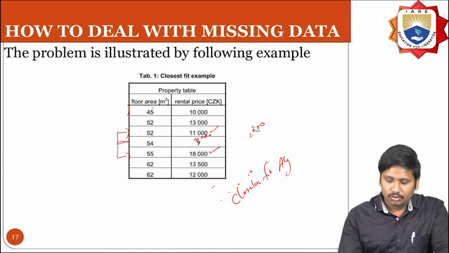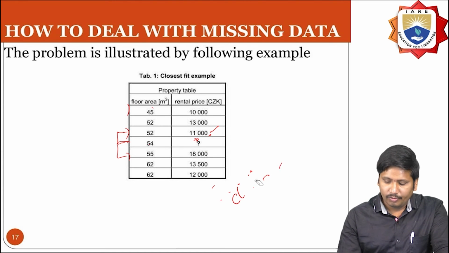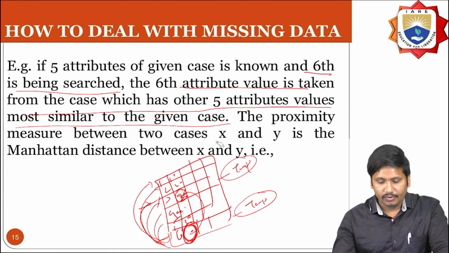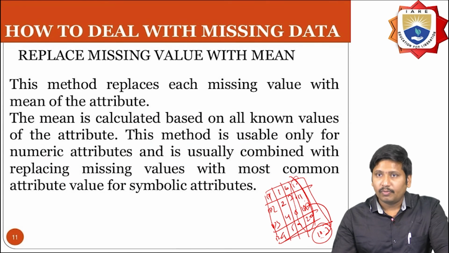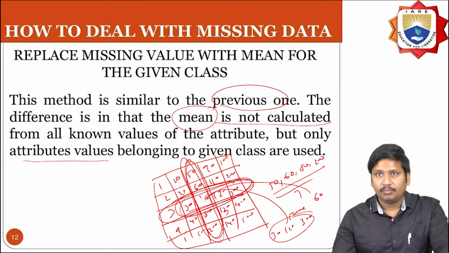So like this, the missing data I face should be filled using the examples I explained previously. One is filling the missing value with the mean. Just now I said, and also the mean value for the given class. Based on the class also, I can fill the data I missed in the table.